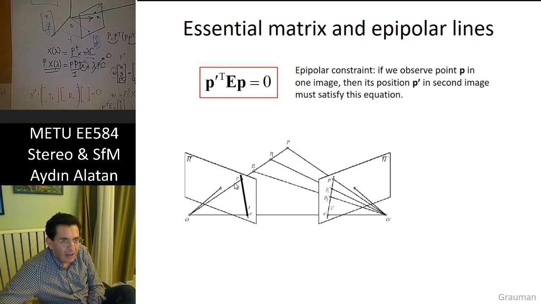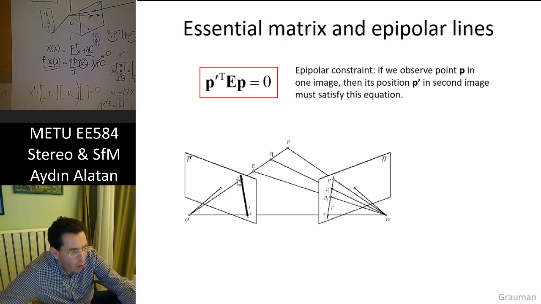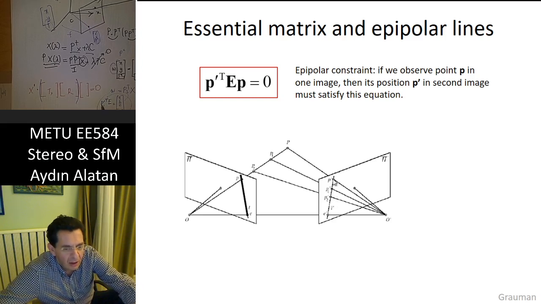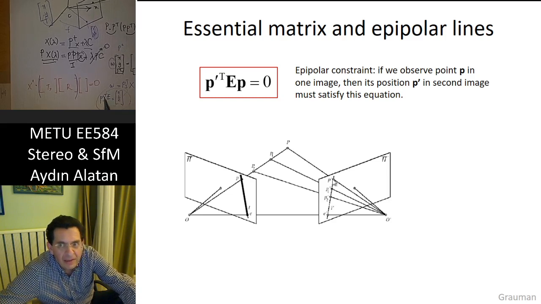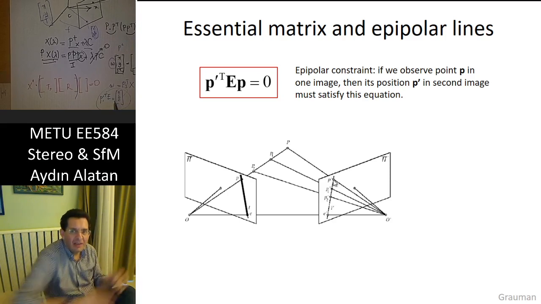Therefore, the point here is that L prime satisfies this, and the point is obtained from the P prime point. The P prime point is here, please note. That P prime point is multiplied with E, and that E is creating the epipolar line.